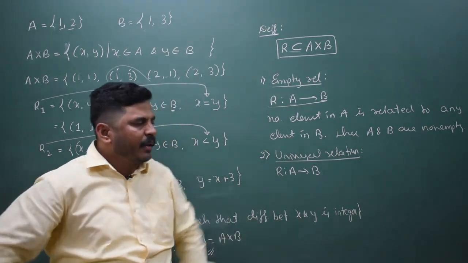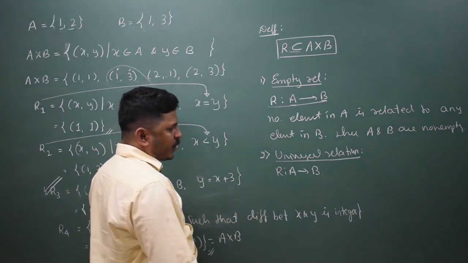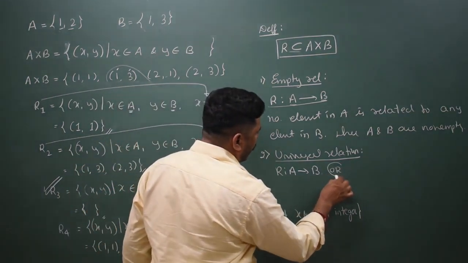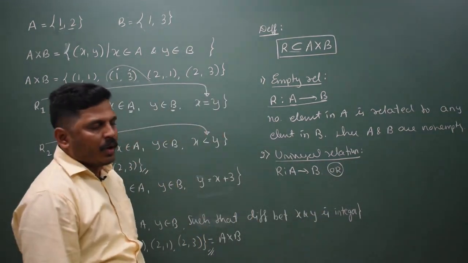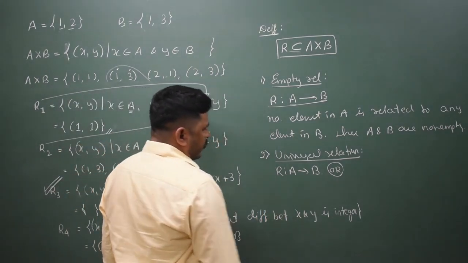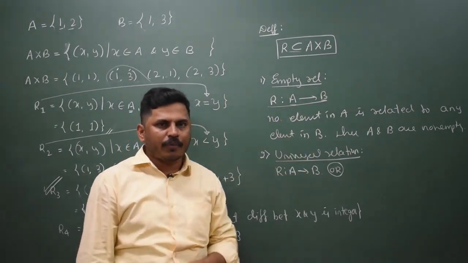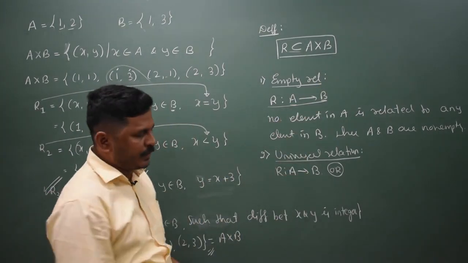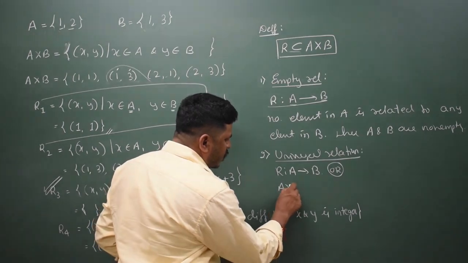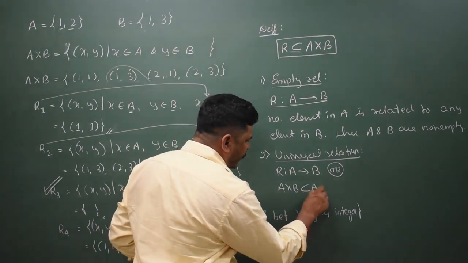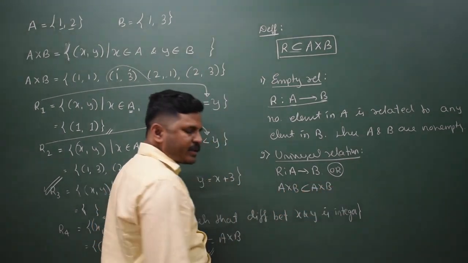In other words, you can also write it like this. We know the definition of relation: it is a subset of A cross B. Is A cross B a subset of A cross B? Yes.